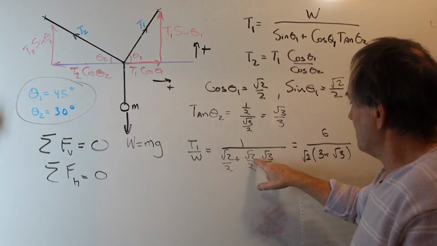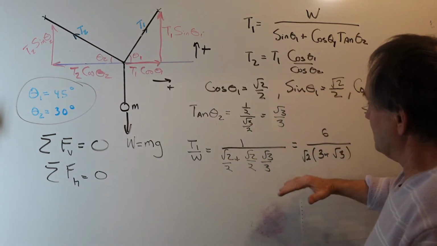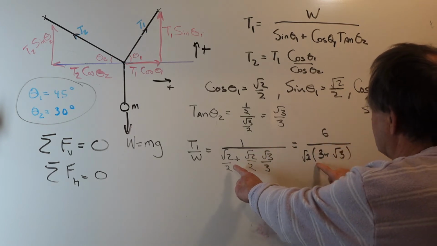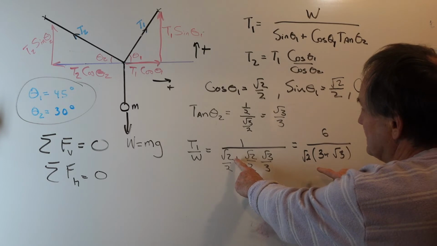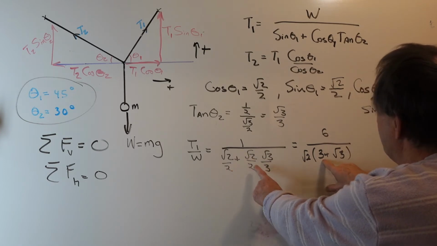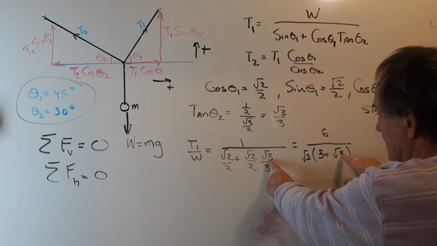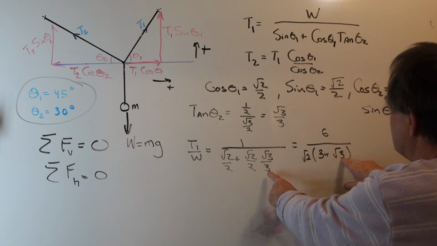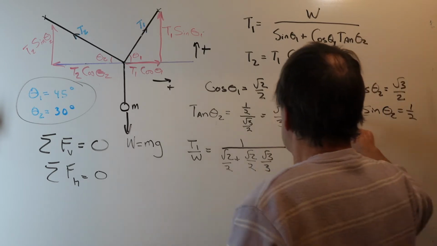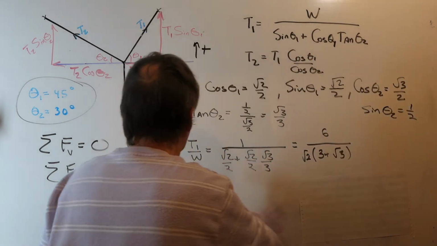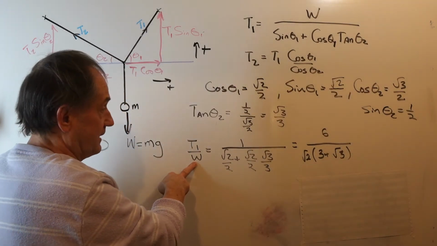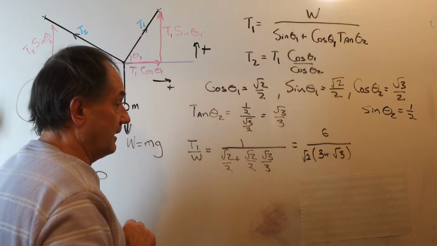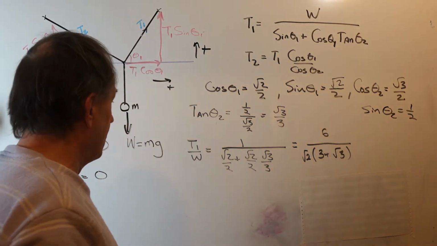Factor out a square root of 2 on each side and multiply numerator and denominator by 6. So we have square root of 2 times 6 in the numerator, then 6 times 1/2 is 3, and 6 times square root of 3 over 6 is just square root of 3. So there's the exact number for the tension in line 1 related to the weight of the climber.